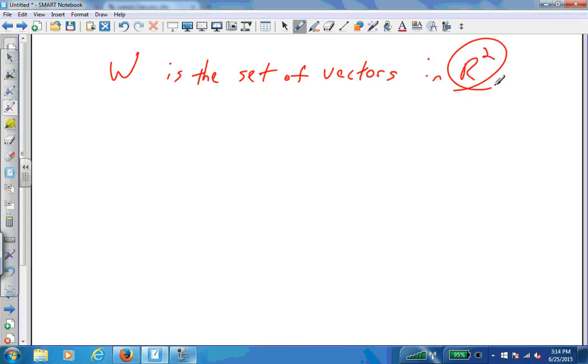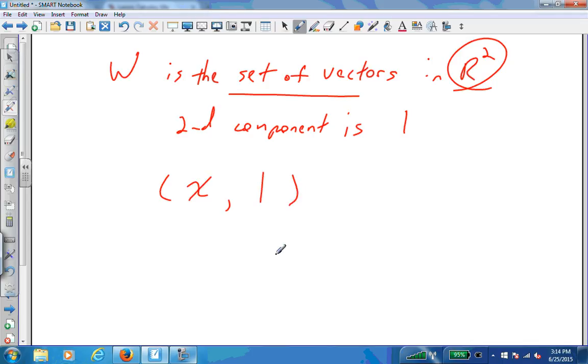So R2 is a vector space. W is a subset of that, where the second component is 1. So a two-dimensional vector, the first number can be anything, the second number is 1.